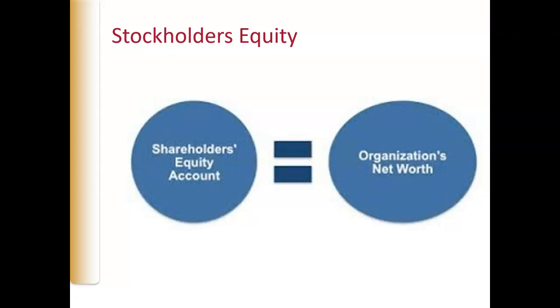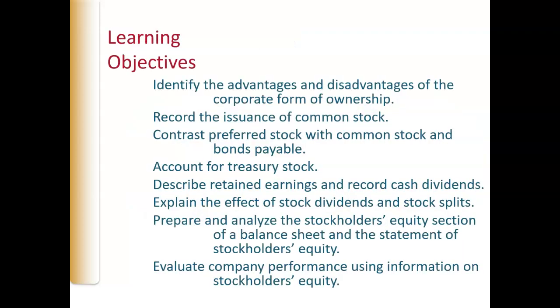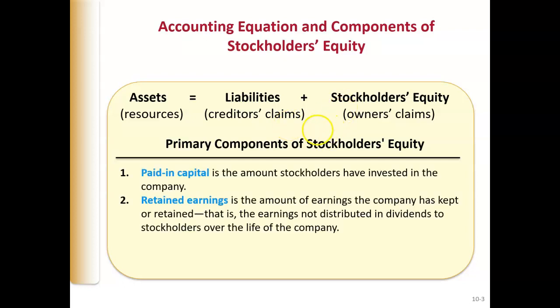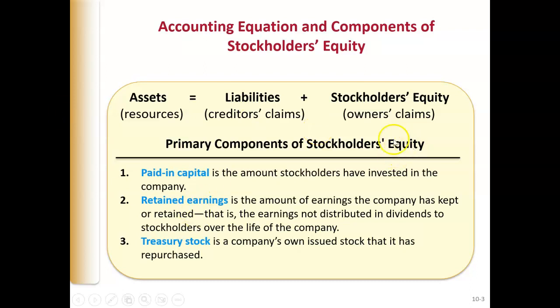Stockholders' equity section. Now, we have talked about stockholders' equity before, and we know there's a couple components to stockholders' equity. We know that the stockholders' equity section includes what we know as paid-in capital, which is like common stock. That's what we're familiar with.